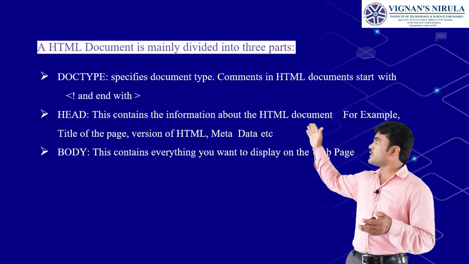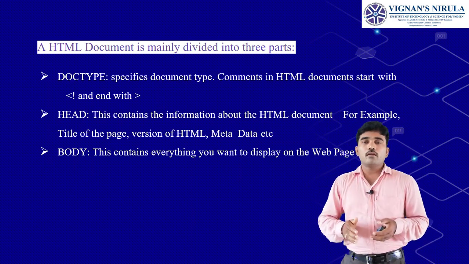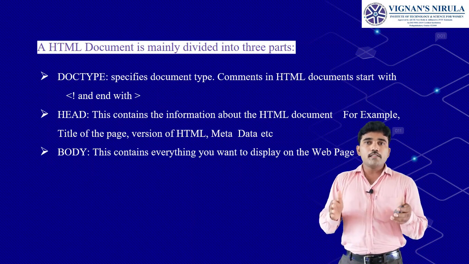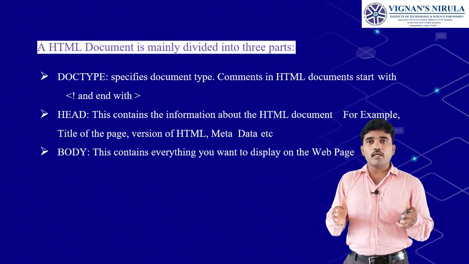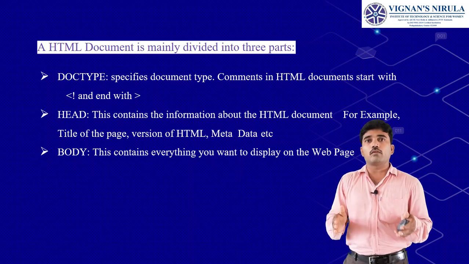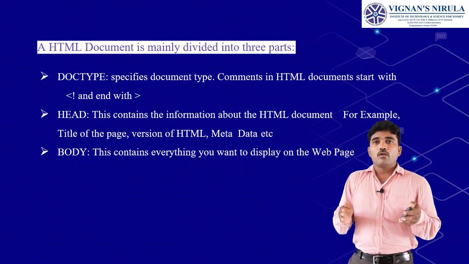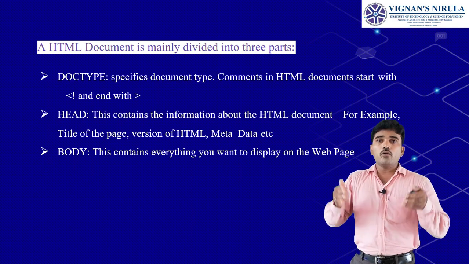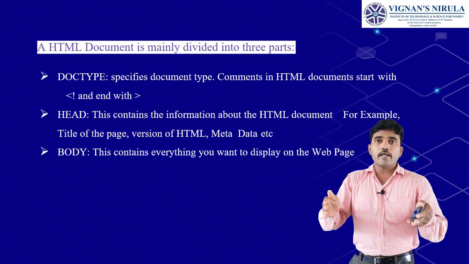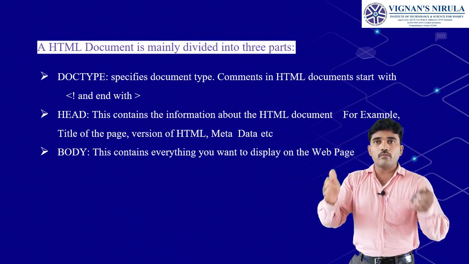That is the doctype section. If you observe, the second section is the head section. This head section majorly consists of the title of a web document. It contains certain information related to your web document.